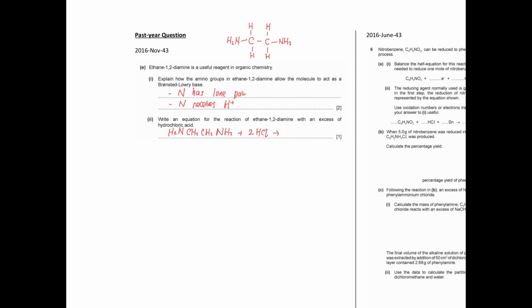One is to neutralize the amino group on the left, another one is to neutralize the amino group on the right. So that will form ClH3N-CH2CH2-NH3Cl. Okay, so that forms this product.